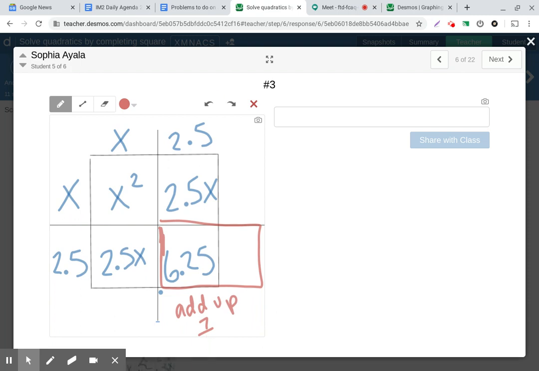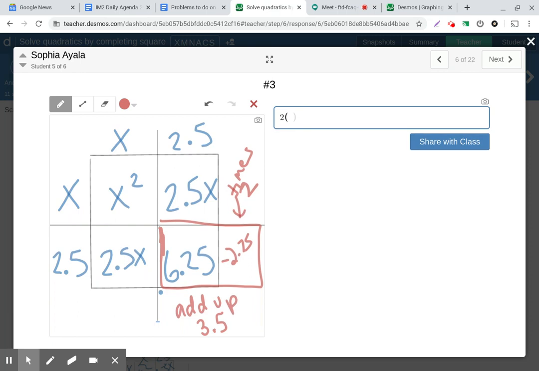So therefore, this one needs to be minus 2.75, and then times 2, because we divided it by 2, we've got to double it. And so your equation would be 2 times x plus the twins, and then minus 5.50, or plus 5.50 rather.